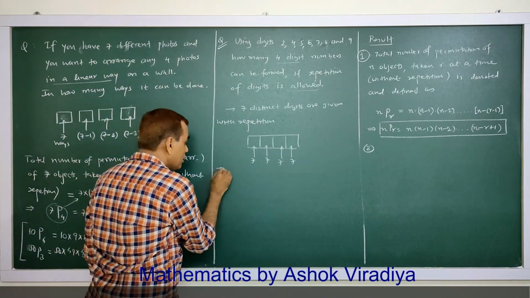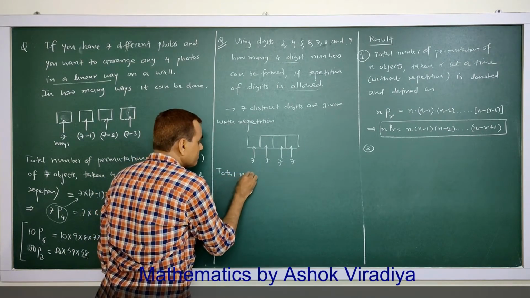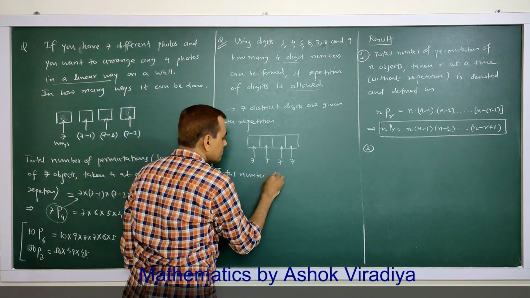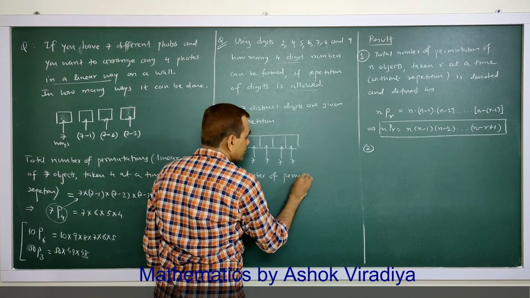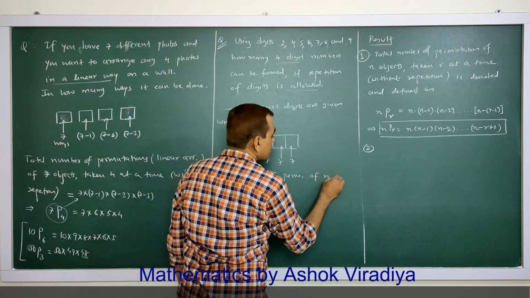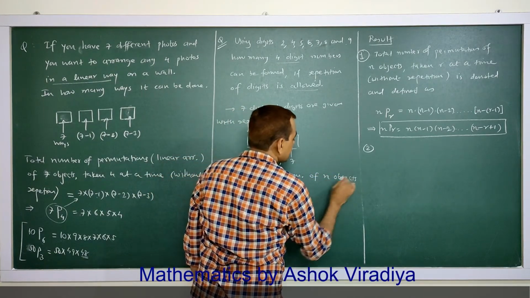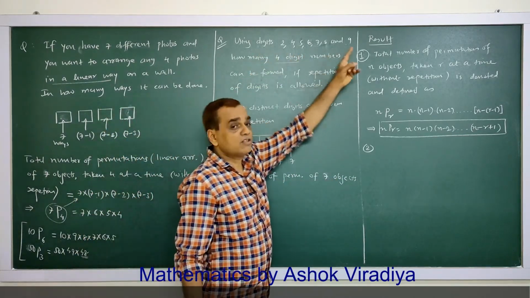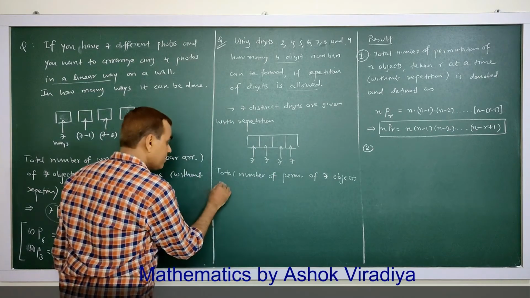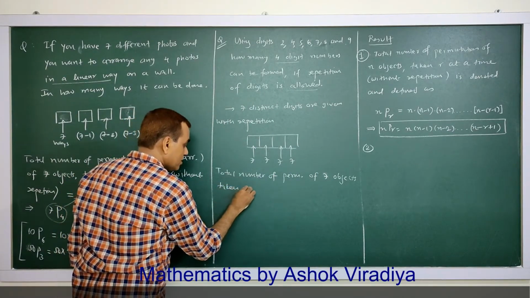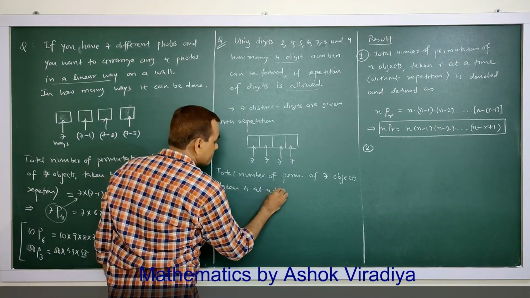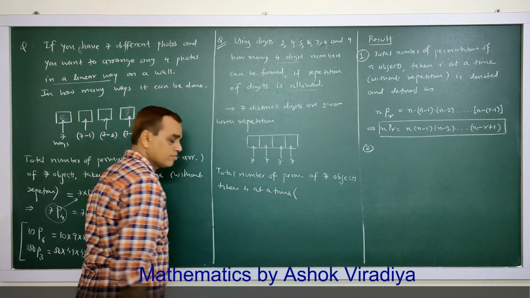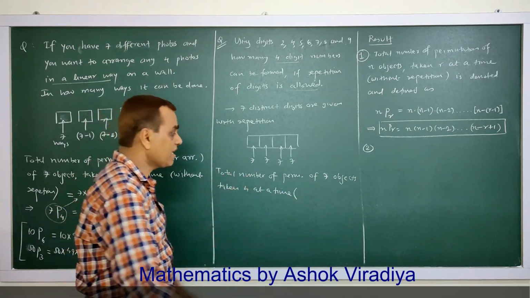That means total number of permutations of n objects, 7 objects, taken 4 at a time, and repetition is allowed.